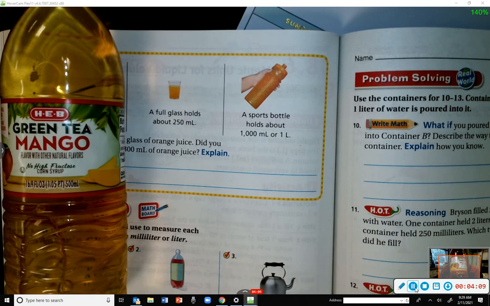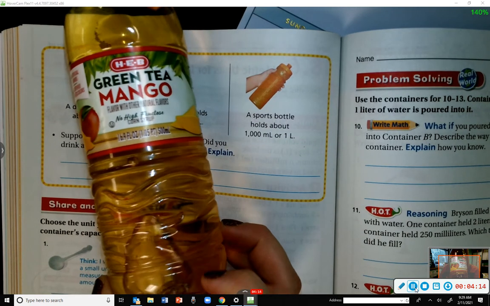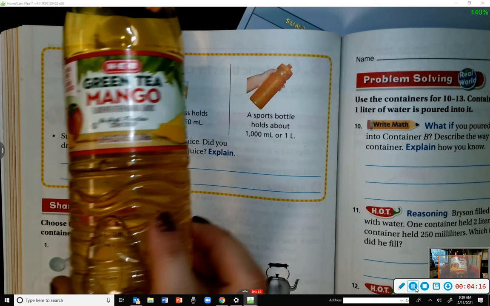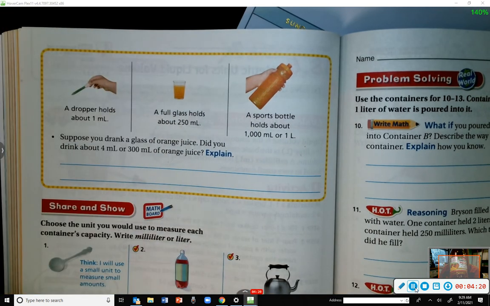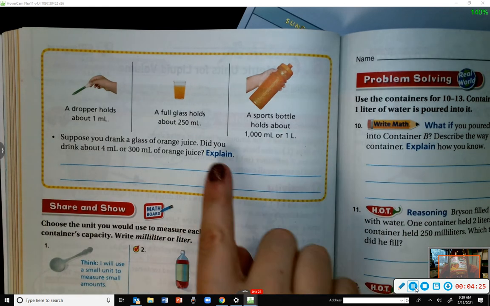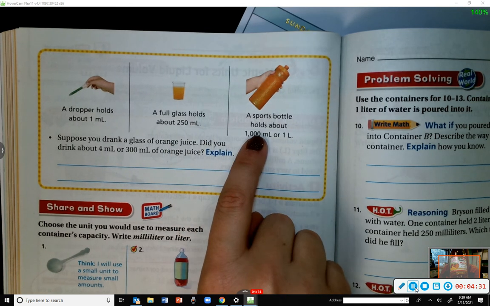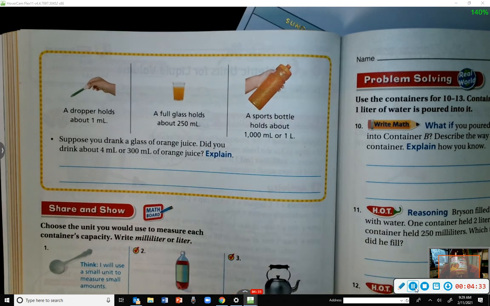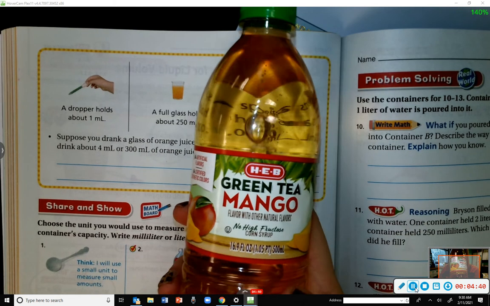So 1 liter is like 2 of these, because it's 1,000 milliliters. 500 plus 500 equals what? 1,000. Okay, so imagine a glass of water is about 250 milliliters. 1 liter, which is the big L, is about a water jug that you would take to practice or something. Okay, or two of these water bottles.